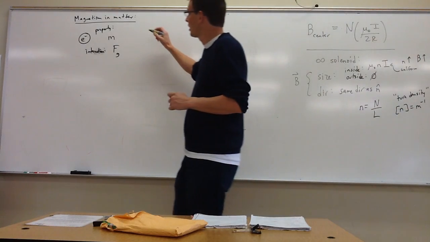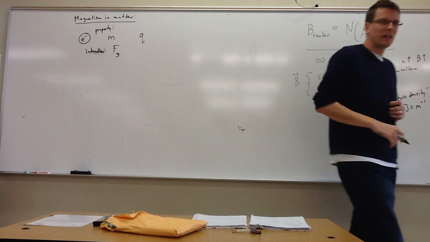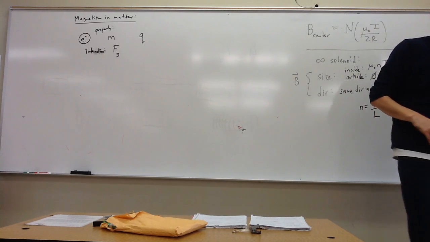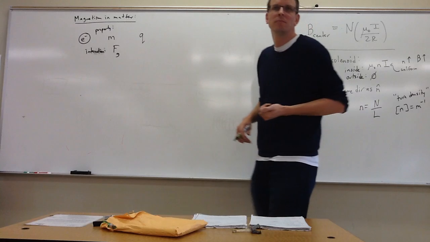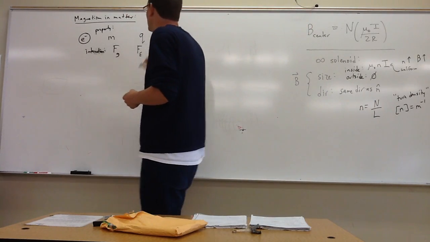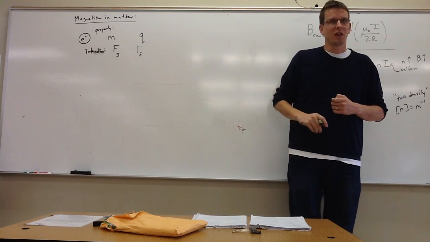We also, of course, talk about its charge. So charge is the property that's assigned to the object to account for what kind of interaction? Electrical force. So there is another one.